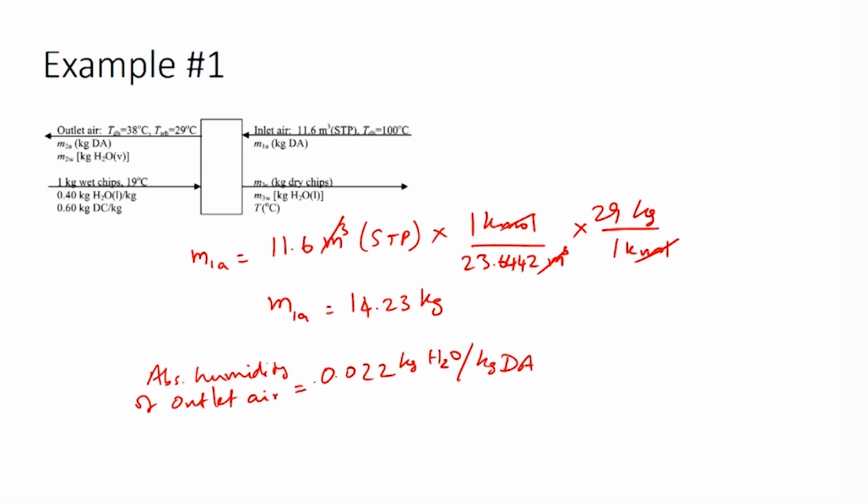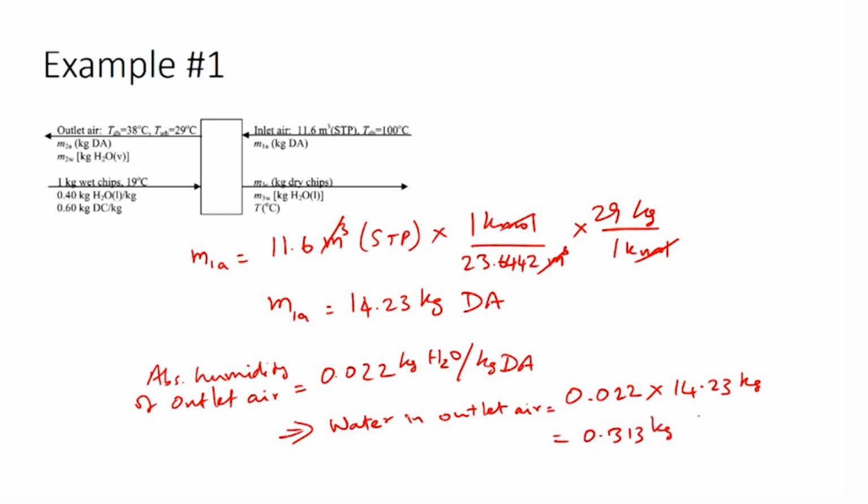We know the mass of dry air entering and leaving the system, and we know the amount of water present per kilogram of dry air in the outlet air stream. So the water in the outlet air stream would be equal to 0.022 times 14.23 kilograms, which is equal to roughly 0.313 kilograms of water. So, 0.313 kilograms of water leaves with the air.